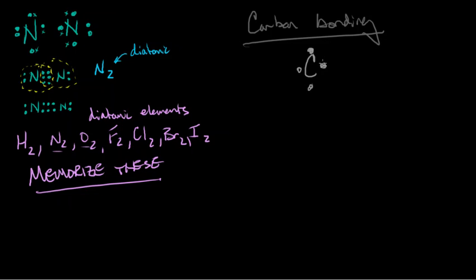Carbon has these 4 electrons. The biggest covalent bond that you can have with another atom is a triple covalent bond. Carbon can do that, but that still leaves this extra one out here.